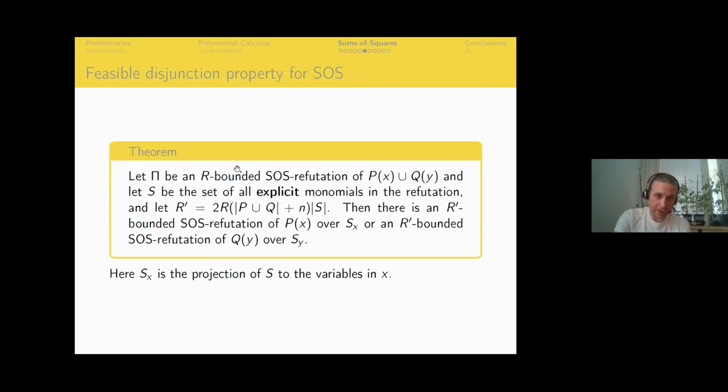So given a refutation of this conjunction, and the set S of all explicit monomials in the refutation.